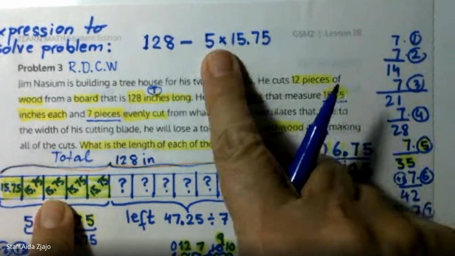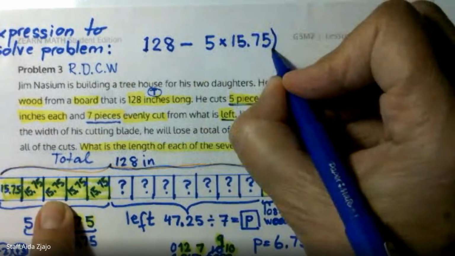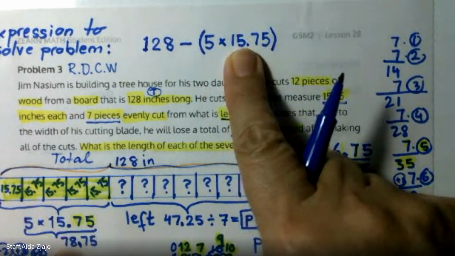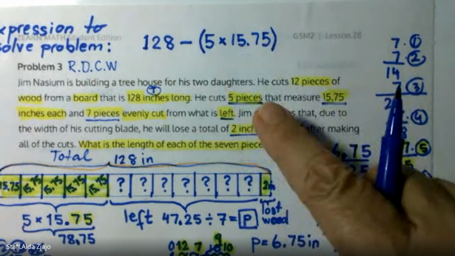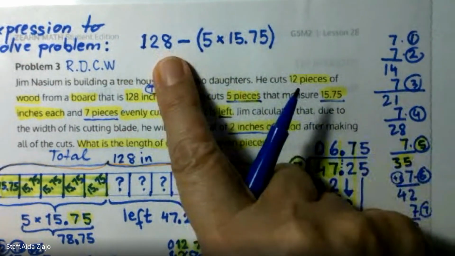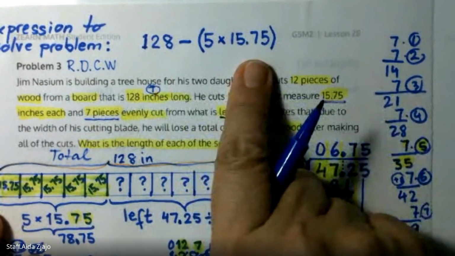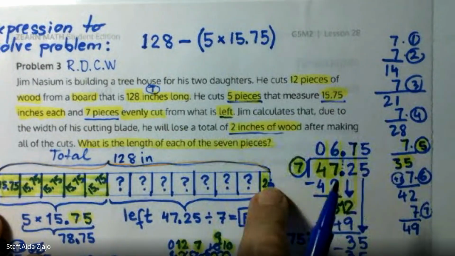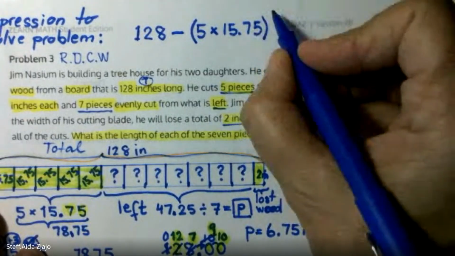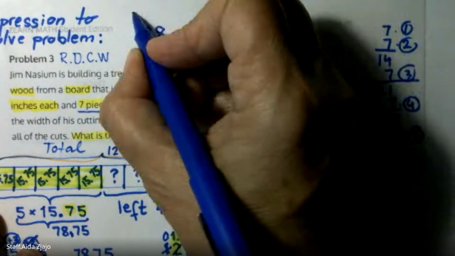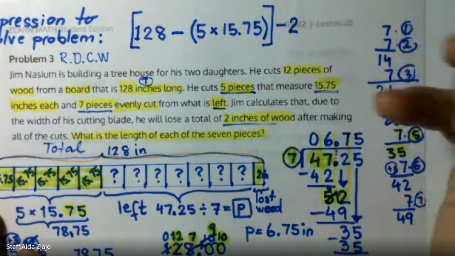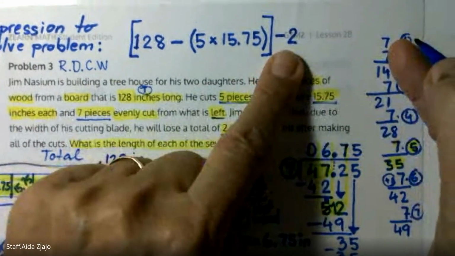Now because I have multiplication, I have to use parentheses because I need to find what this is first. Remember, I found what this is first. Then I subtract it from the total. After I did that, I also take off this 2 inches. So now I can use my bracket and subtract 2 inches that is going to be lost.